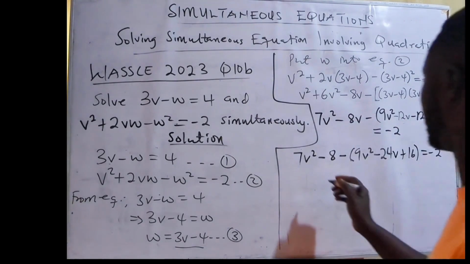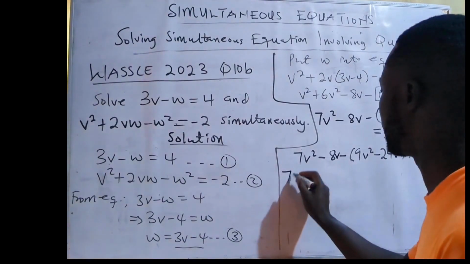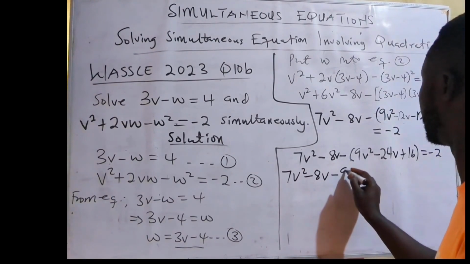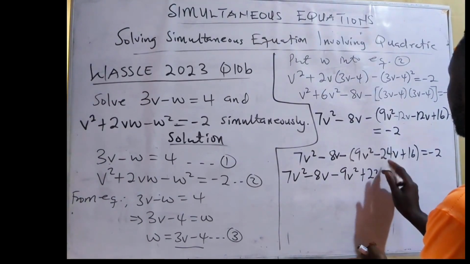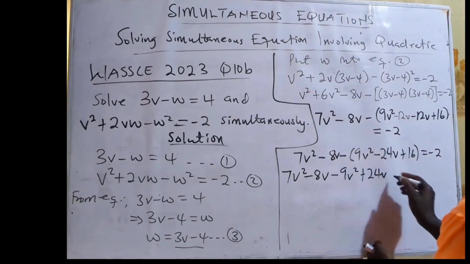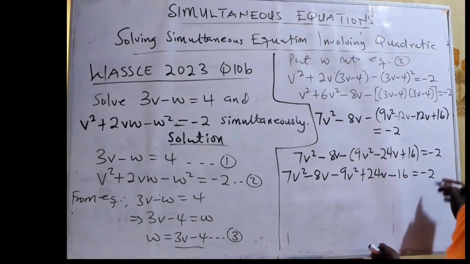So I have, opening the bracket, 7v squared minus 8v minus 9v squared plus 24v minus 16 to be equal to negative 2.